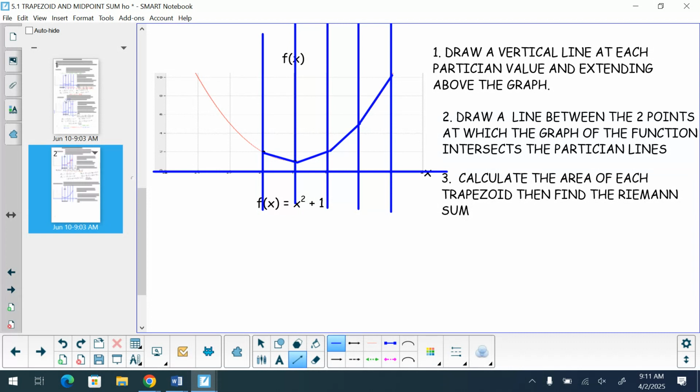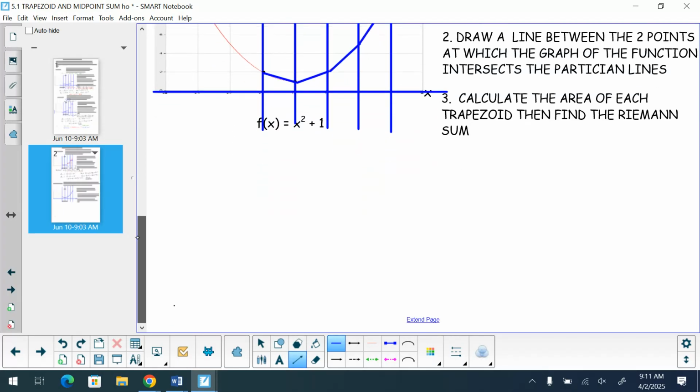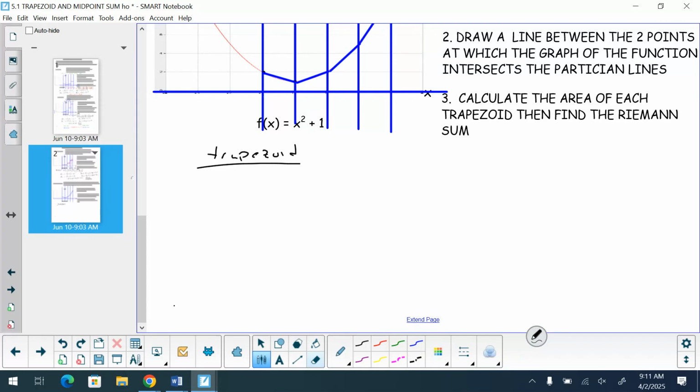Well, what we have to remember is the definition of a zoid. Trapezoid.